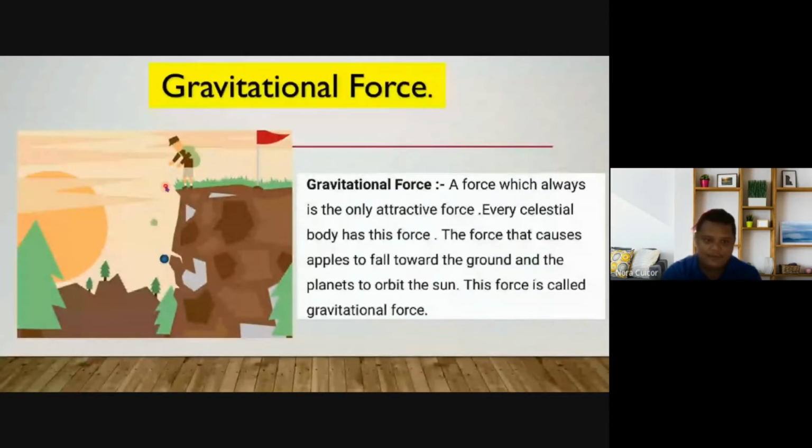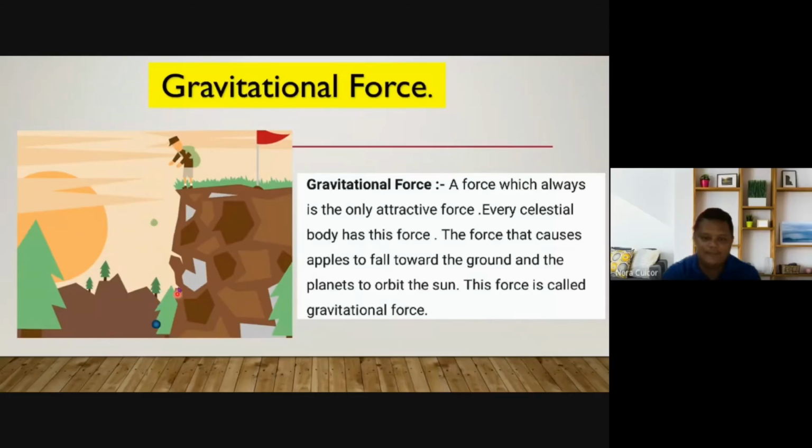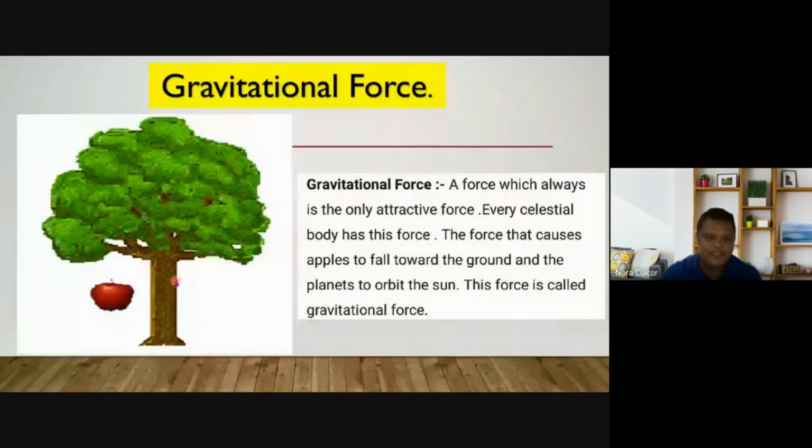Okay. For example, look at this. The man is at the edge of the mountain and he dropped a ball, and the ball goes down to the bottom because of the gravity. Another example is the apple.